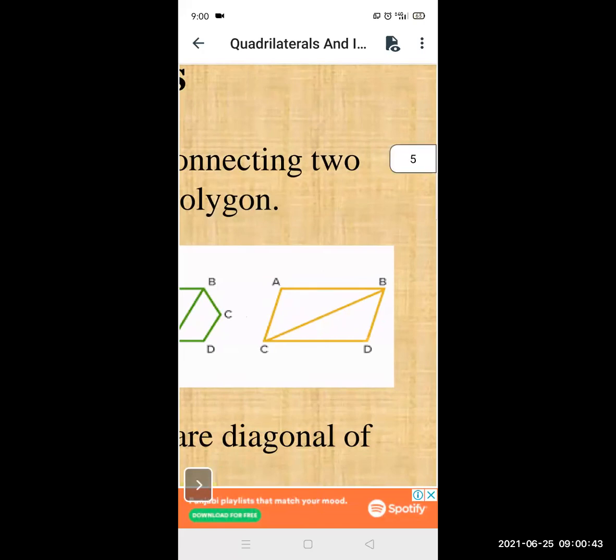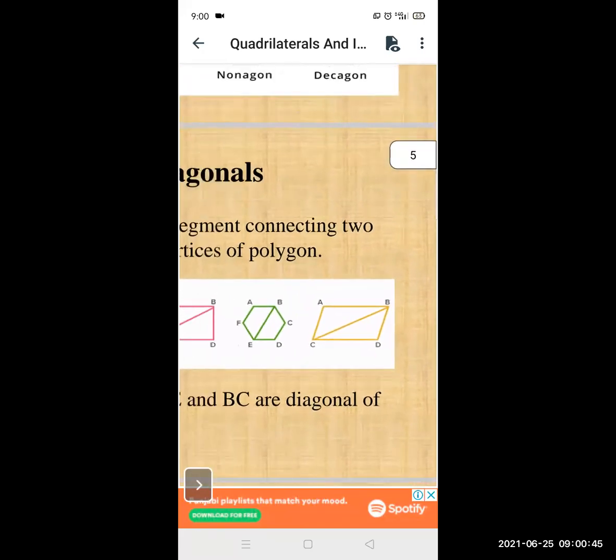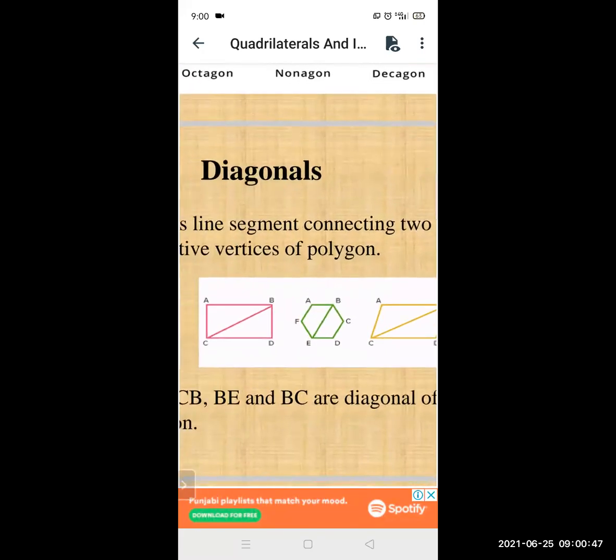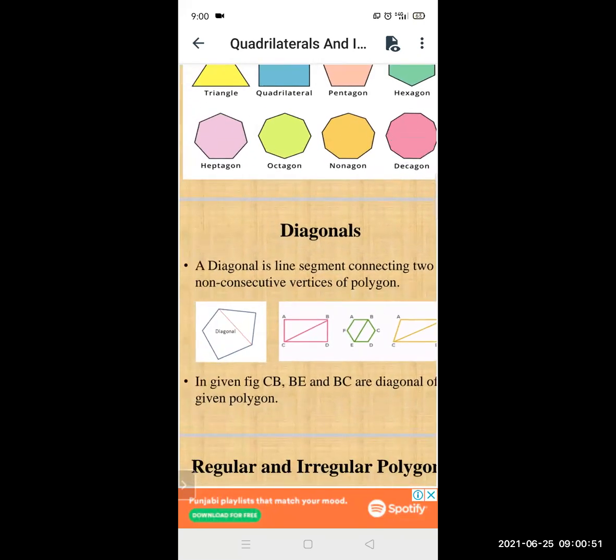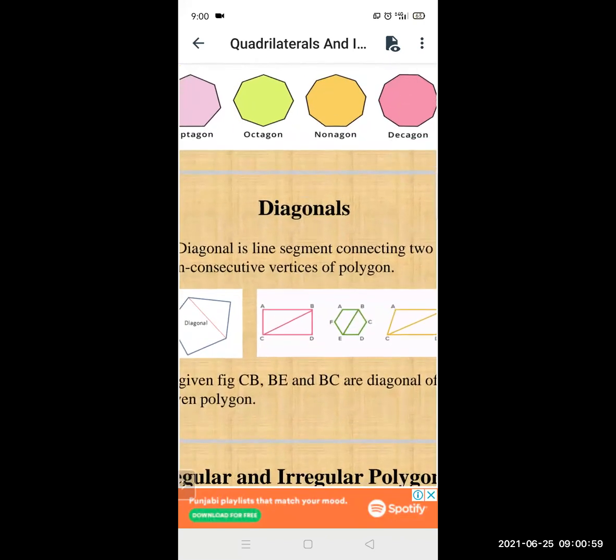What are these closed figures that we are going to see? First, what is the basic thing? What is a polygon? That is very important for you to understand, because whatever the quadrilateral is, it is made up of polygons only.